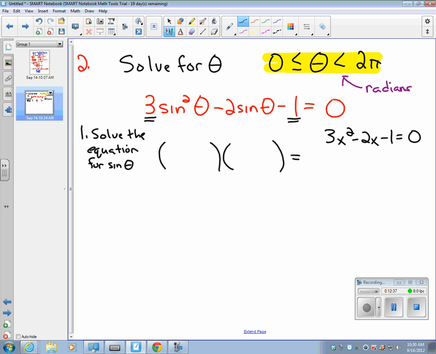I'll show you how. Yeah, 3. We're not going to make them too hard, okay? We're not going to make them super difficult where you have to do a lot of complicated stuff. But 3 is okay because it's a prime number. There's only one way to get that, and that's by going 3 sine theta times 1 sine theta, right? That will get you 3 sine squared theta. Does that make sense? Yeah. And there's only one way to get the 1 in the back end, right? Yep. You can only get it 1 times 1. You agree?